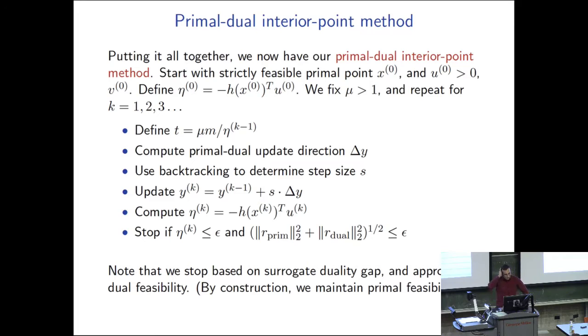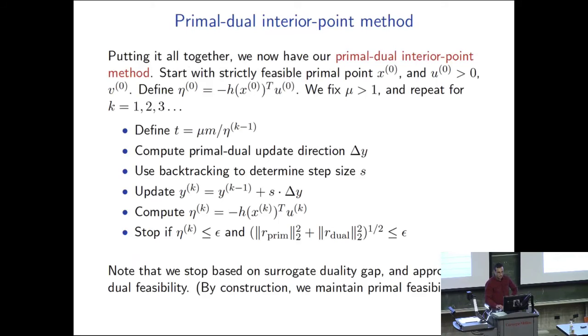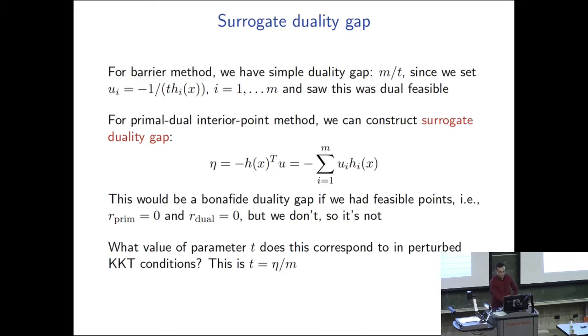So here's the method in full. It looks very different to the barrier method because there's only one level of iteration. I believe that t should be m over eta. Yeah, you're right, this is a typo.